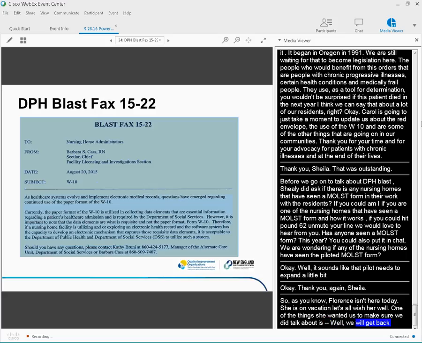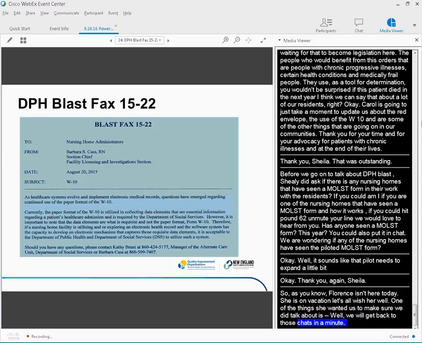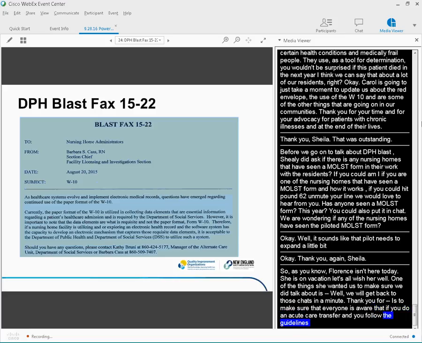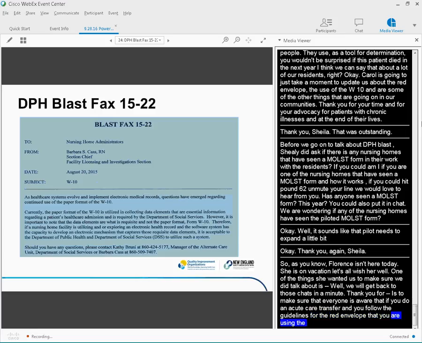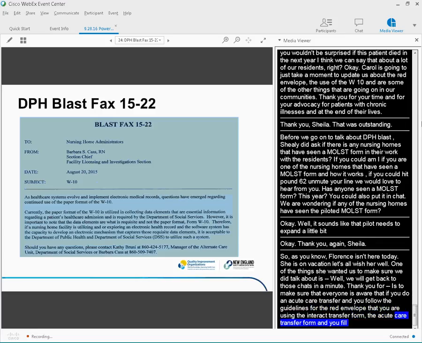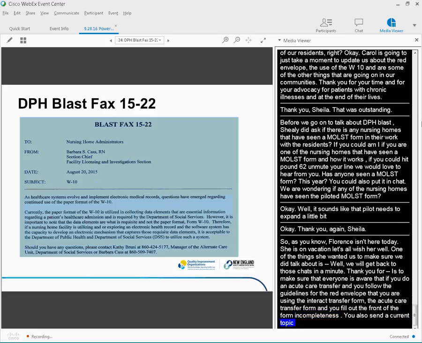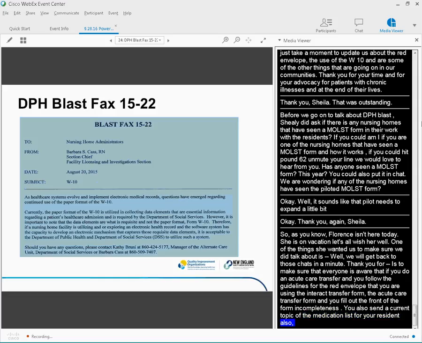Is to make sure that everyone is aware that when you do an acute care transfer and you follow the guidelines for the red envelope, you are using the Interact acute care transfer form, and you fill out the front of the form completely. You also send a current copy of the medication list for your resident, their advance directives, as well as a copy of their face sheet.